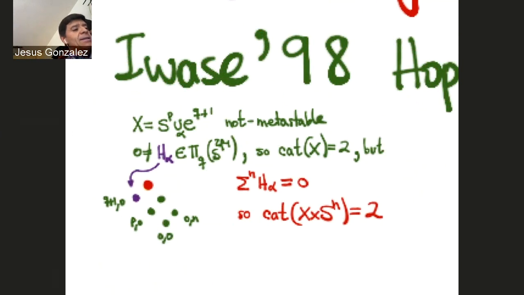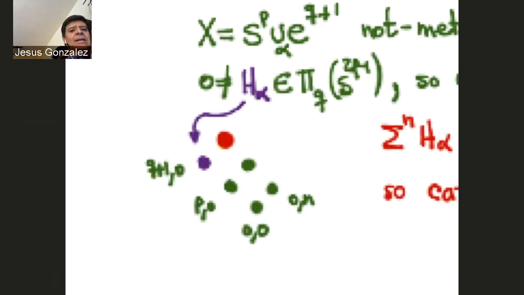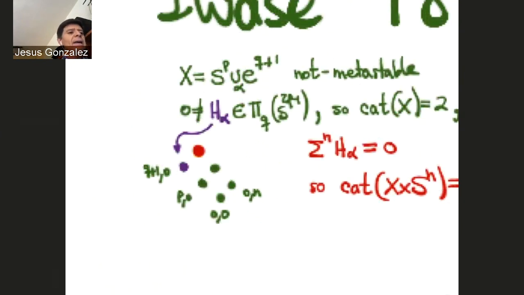And indeed, this is a very nice way of understanding the category of a space: start understanding the category of the skeleton and then see how it increases after attaching a bunch of cells. After all, if you attach a bunch of cells, you're attaching a cone, so the category can increase at most by 1.